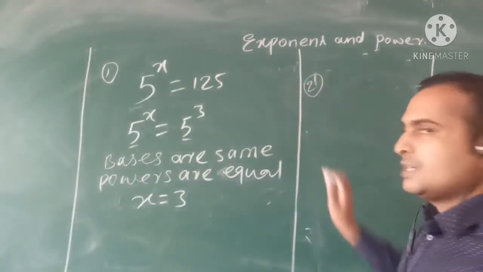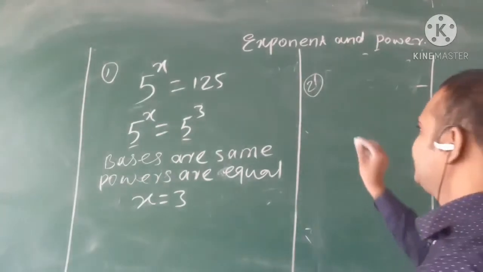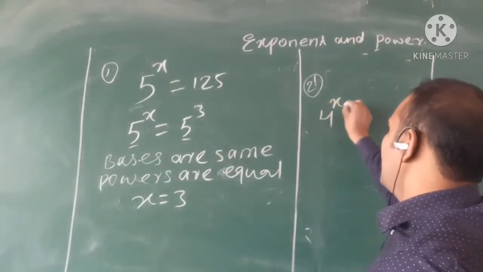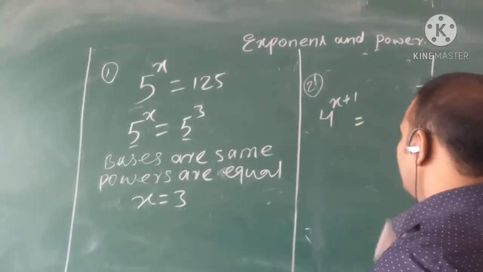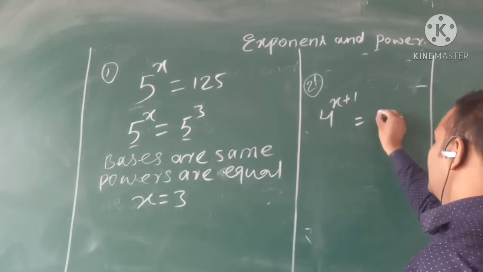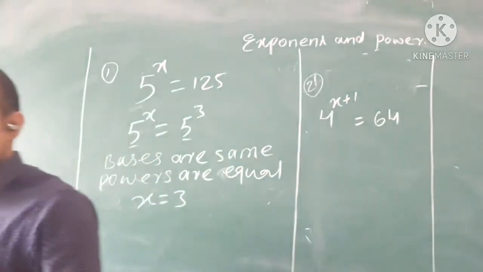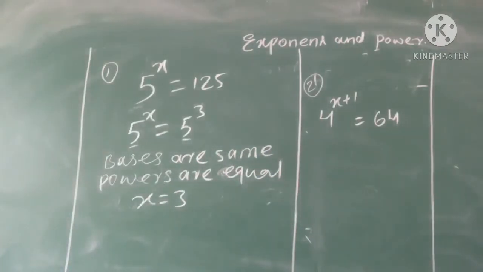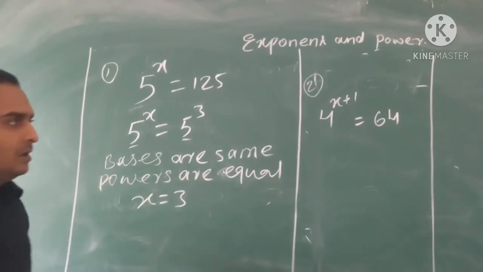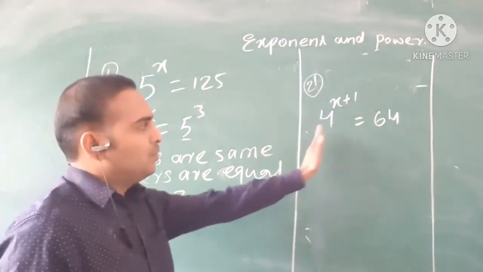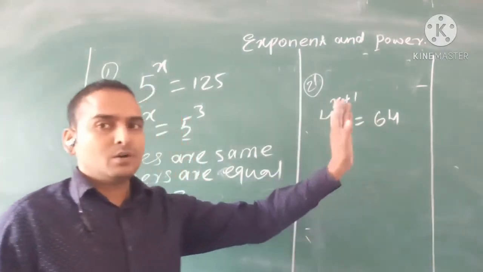Similarly, the second problem like that, 4 to the power x plus 1 is equal to 64. Here the same thing. At first, we have to make bases equal on both sides.